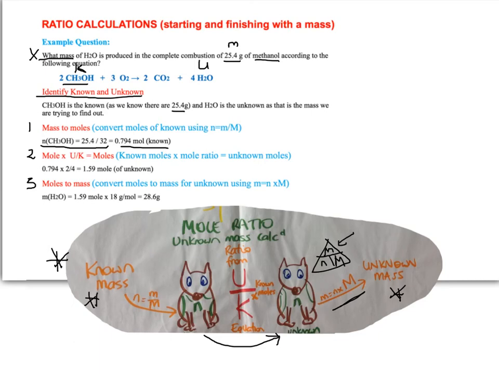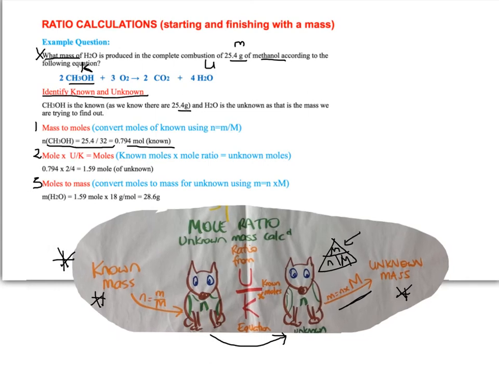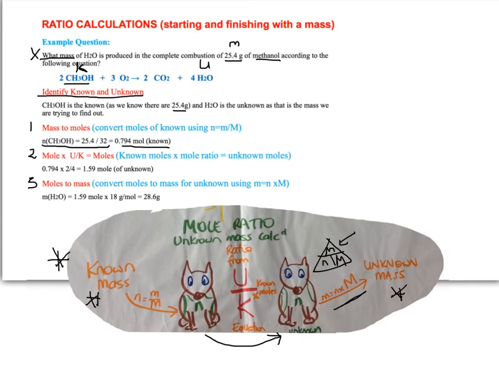And so the next step is what we've done in the previous slide, where we go moles times that ratio. So our known moles is 0.794, and we're going to times it by our UK ratio, which is the unknown moles of 4 over the known moles of 2. Now here's a bit of a typo here, and it should say 4 over 2, not 2 over 4.